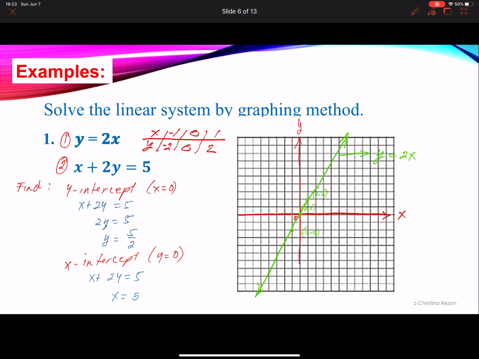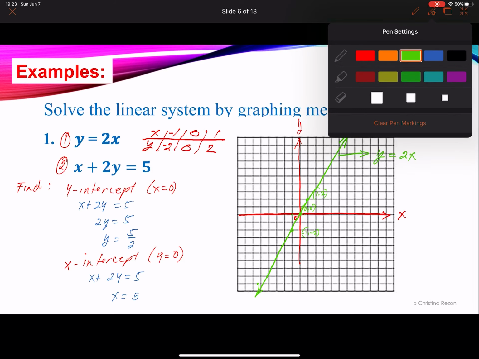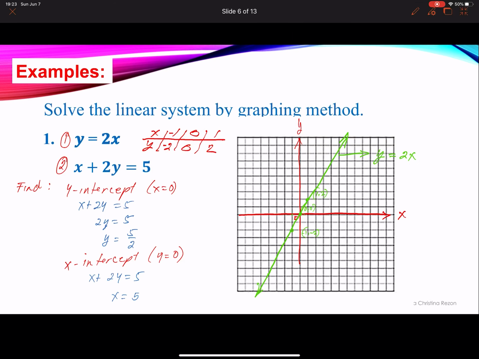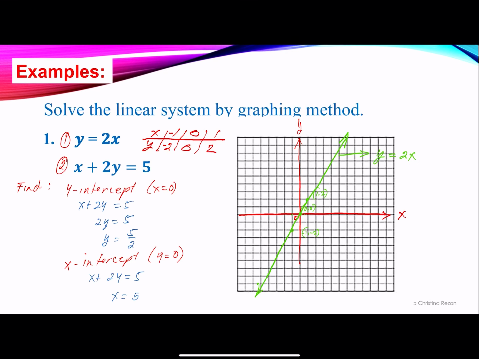And then let's graph the second equation by the y and x intercept. We locate the y and the x intercept. So the y-intercept is 5/2, so that is just 2 1/2. 2 1/2 will be this.